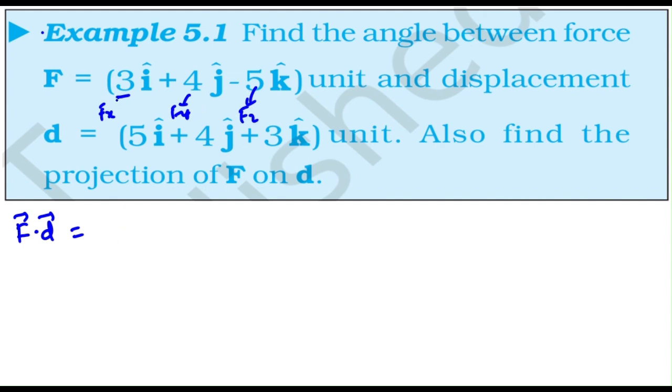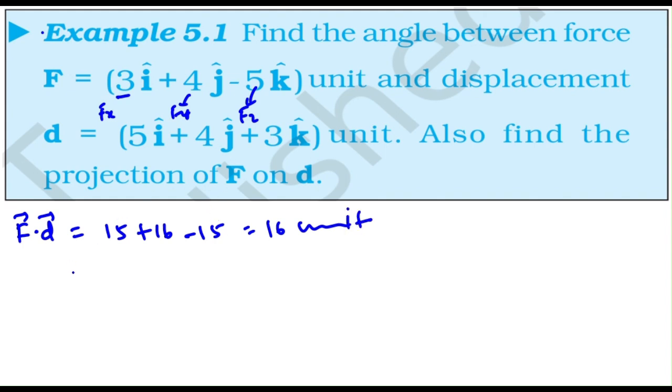So we can write 3 into 5, that is 15, 4 into 4, that is 16, and minus 5 into 3 is minus 15. So it will be 16 units, whatever the unit is.